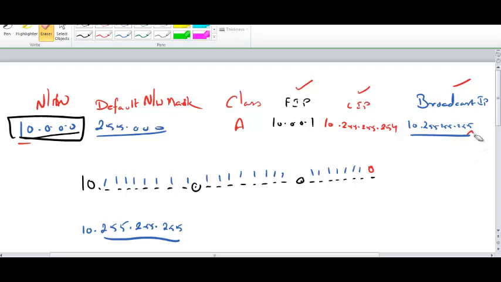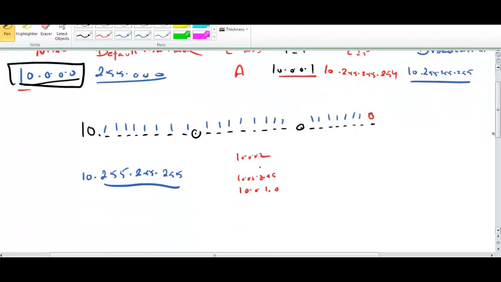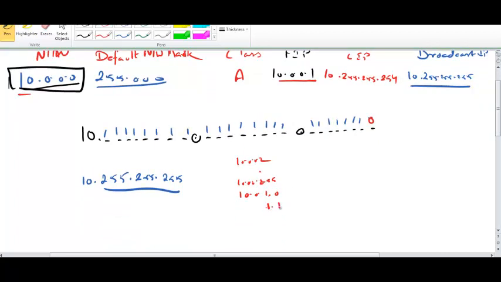So, for example, here you got first IP 10.0.0.1. Second IP will be 10.0.0.2. Third IP will be 3, 4, 5. Likewise, it will go up to 10.0.0.255. Afterwards, it will change to 10.0.1.0, 1.1, 1.2, 1.3.